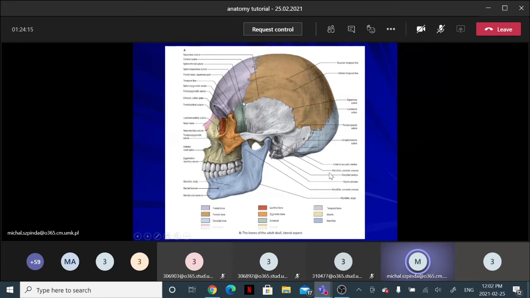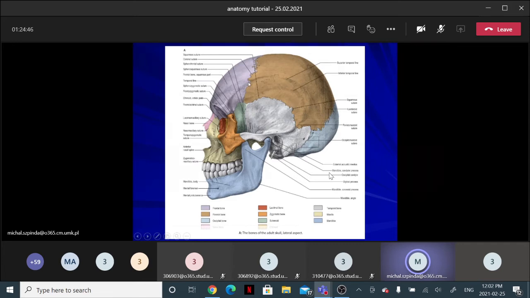And so we can say that the sphenoparietal suture starts in front with the sphenion, craniometric point sphenion, and ends in the crotaphion. And the pterion is just in the middle between both.